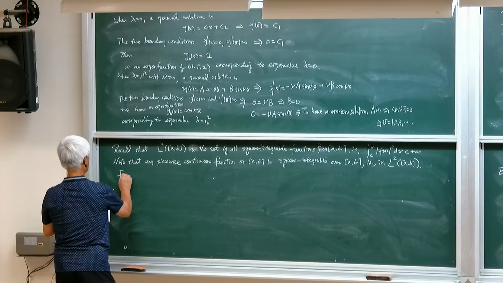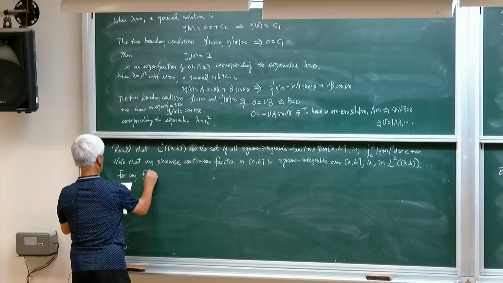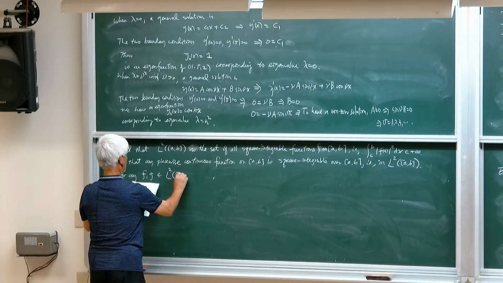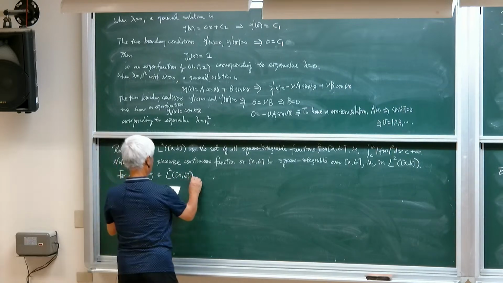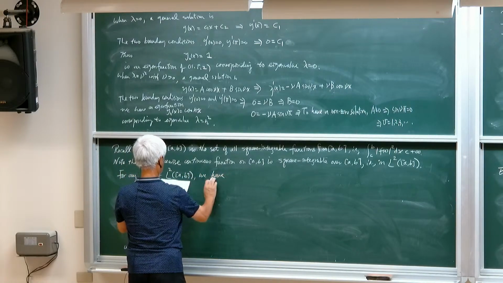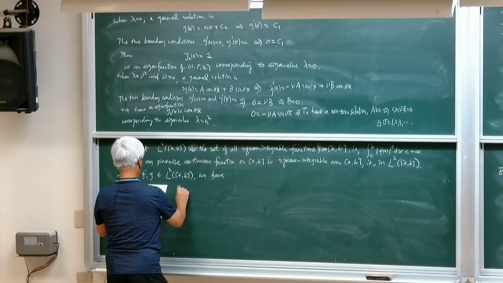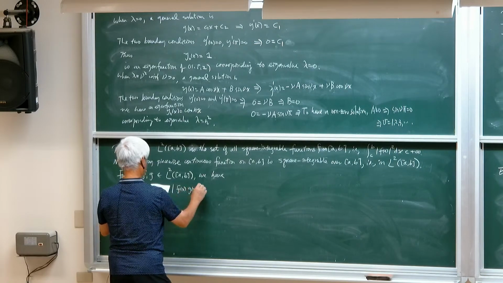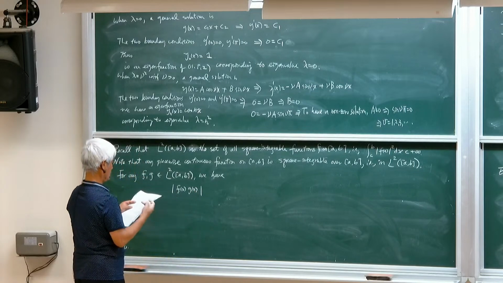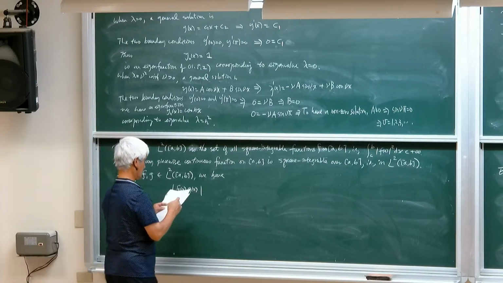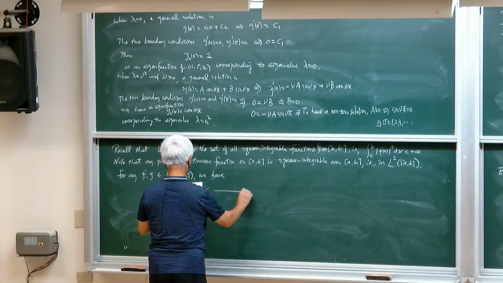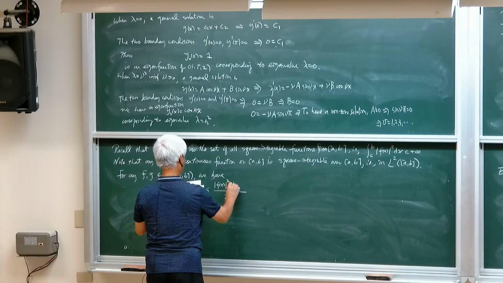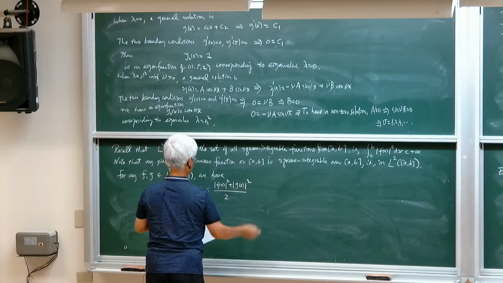Now, for any f and g, two functions in the L2 space, we have the absolute value of the product is less than or equal to the average of this sum.